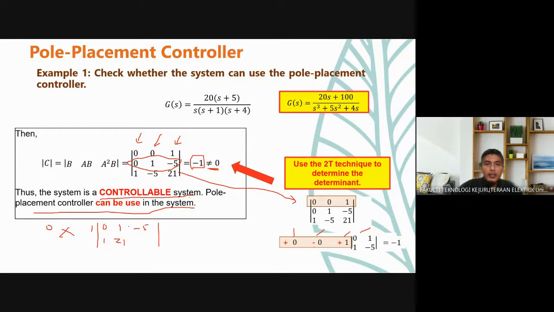After that, if we choose the -5, we get 0, 0, 1 and -5.